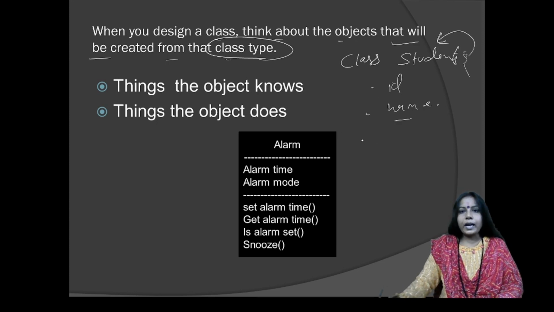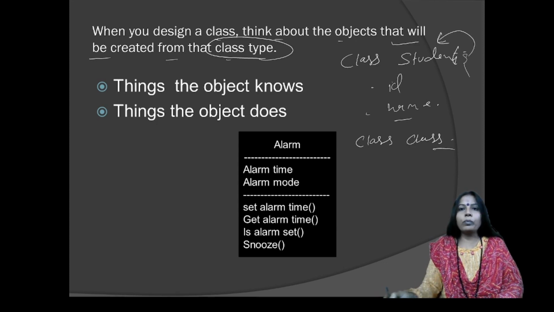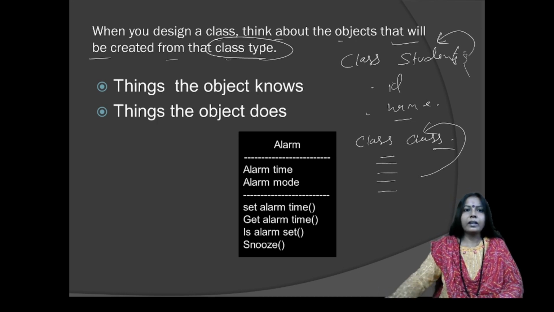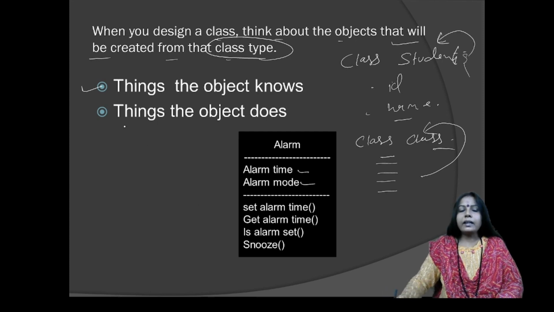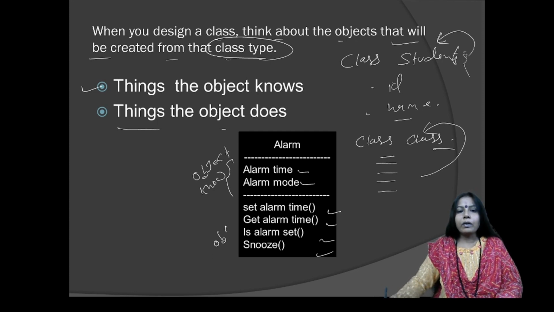If you try to create any particular class, then definitely you will have to write here the instance variables regarding this class. So at first, things the object knows and things the object does. This is the part object knows and this is the part object does.